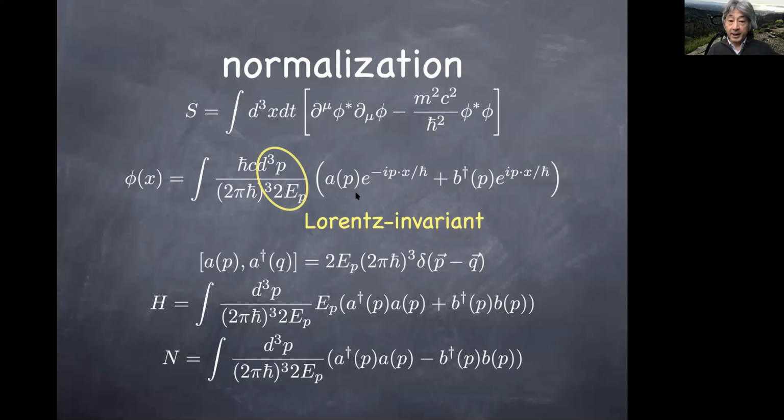But A dagger creates a one-particle state, so you keep that. Then you have the bra, which now has A in it. And then you use this commutation relation to simplify A dagger sandwiched between the vacuum state using this expression here.